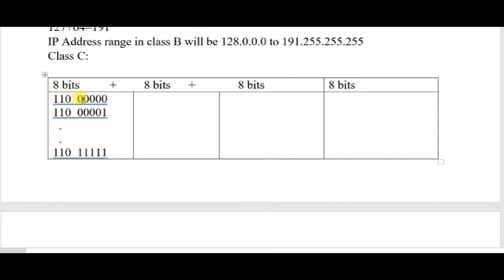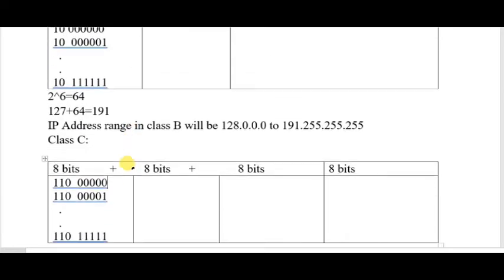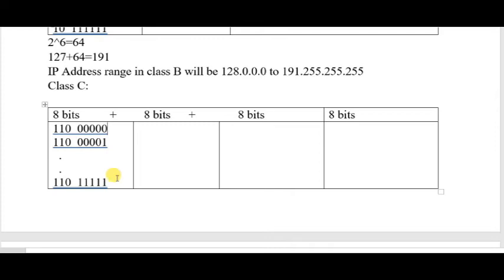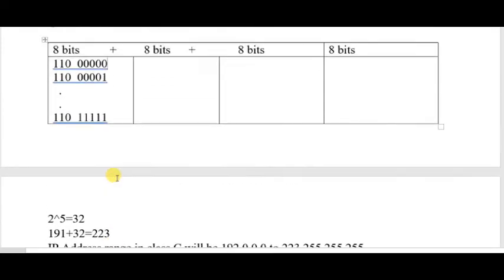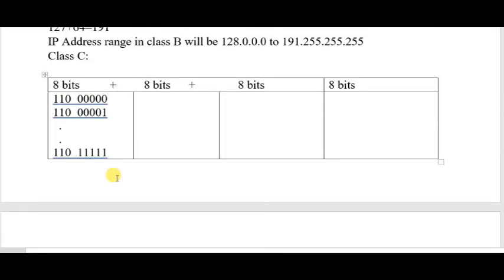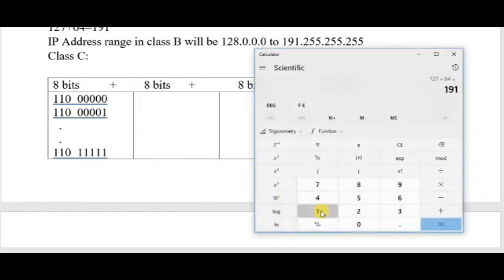So what will be the last address? 2 to the power 5 is equal to 32. We start with the address 192 and calculate the end address: 191 plus 32, which is equal to 223.